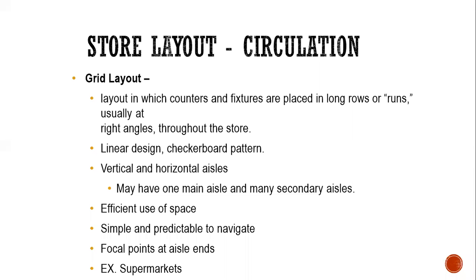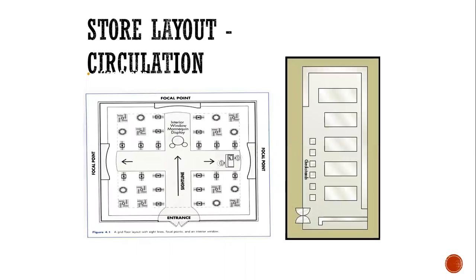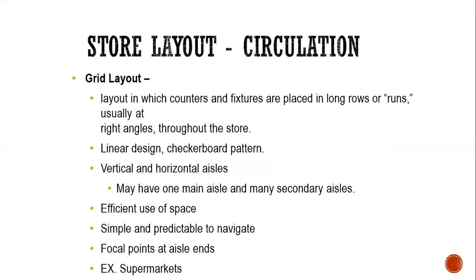Next, vertical and horizontal aisles. It may have one main aisle and many secondary aisles, the main aisle and then small aisles. Next, efficient use of space. This is the best method, and most retail stores follow this.